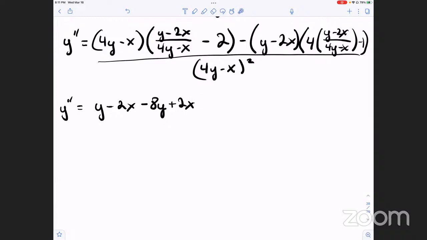Because this times the first, they cancel, and then this times the second, you see it here. I'm going to hold off on that negative for right now. And we need to FOIL, they cancel and that persists, y minus 2x. Okay, that one is not as straightforward.